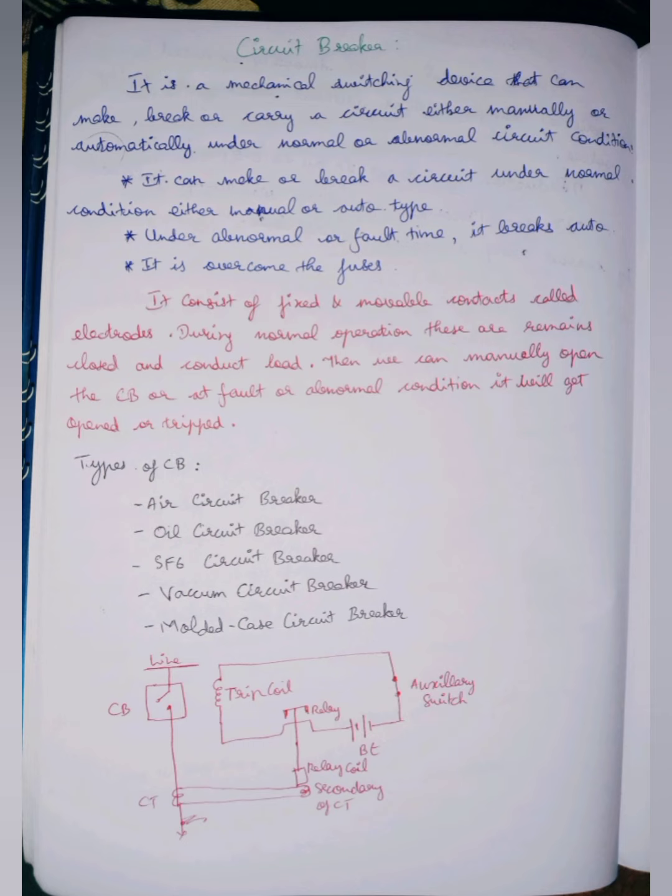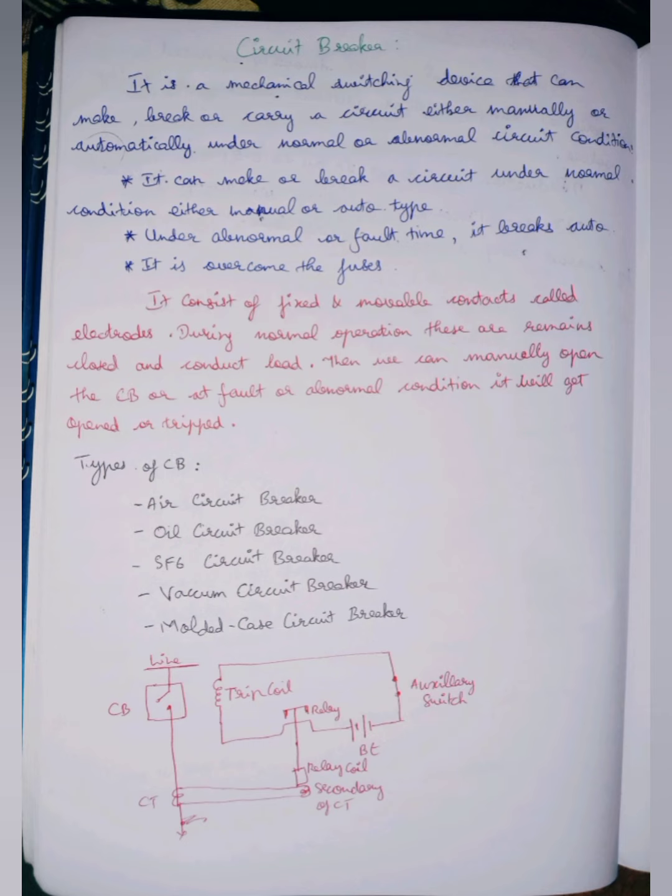A circuit breaker is a mechanical switching device that can make, break, or carry a circuit either manually or automatically under a normal or an abnormal condition. So it can easily make or break even under an abnormal condition also. If there is any fault, the breaker automatically gets tripped by sensing the fault.